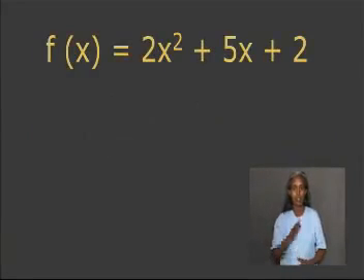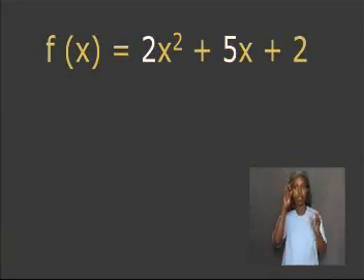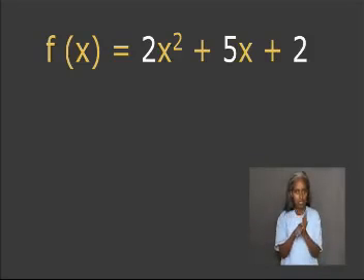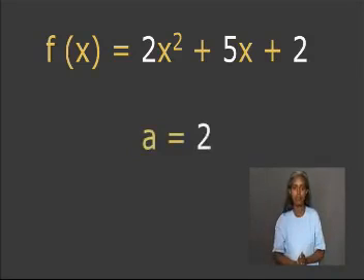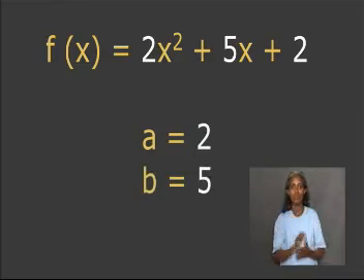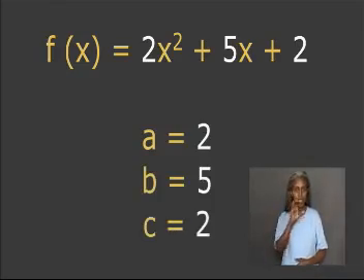F of x equals 2x squared plus 5x plus 2 is an example of a quadratic function. A, the leading coefficient, equals 2. B equals 5, and C equals 2.